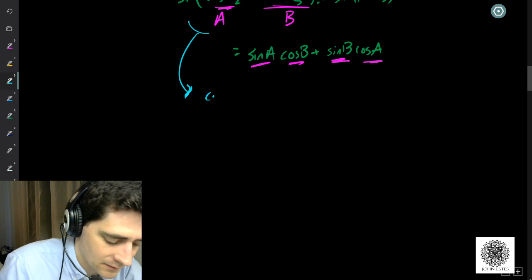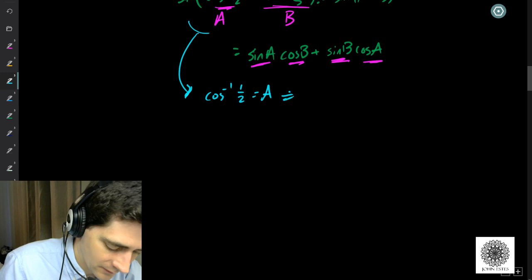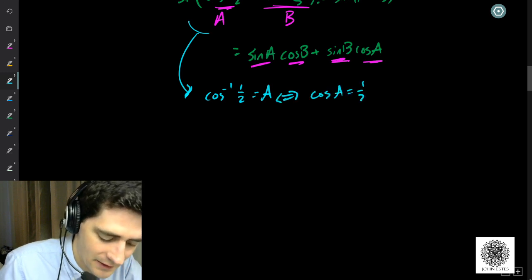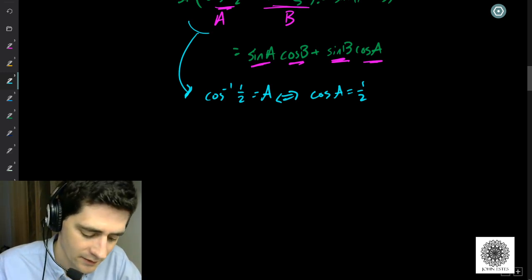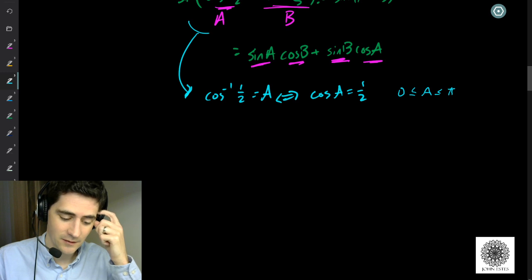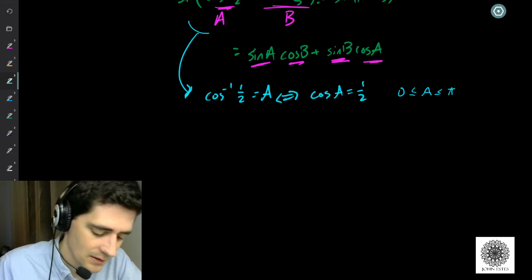So we're going to have to do a little bit of scratch work. Here, cosine inverse of 1/2 equals A is another way of saying cosine A equals 1/2. And here we need to mention, if you remember, that only works if A is in the first two quadrants for cosine inverse. So we know that A is in the first two quadrants.